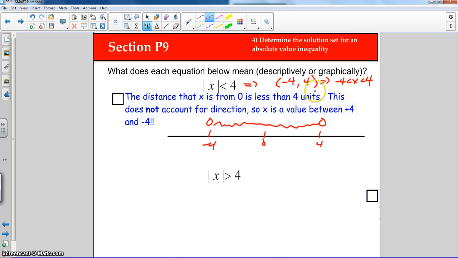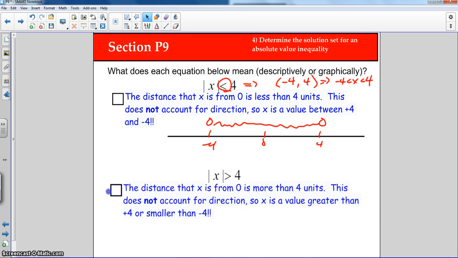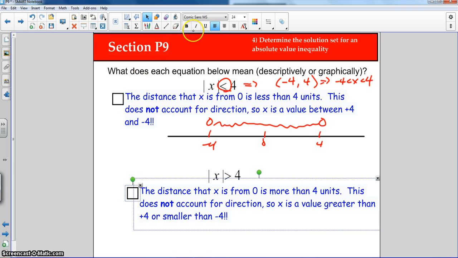So you get a compound inequality when you have a less than sign. Now, in this case, how do we read this? We're saying that the distance that x is from 0 is more than 4 units. So again, this is more or less what I said.